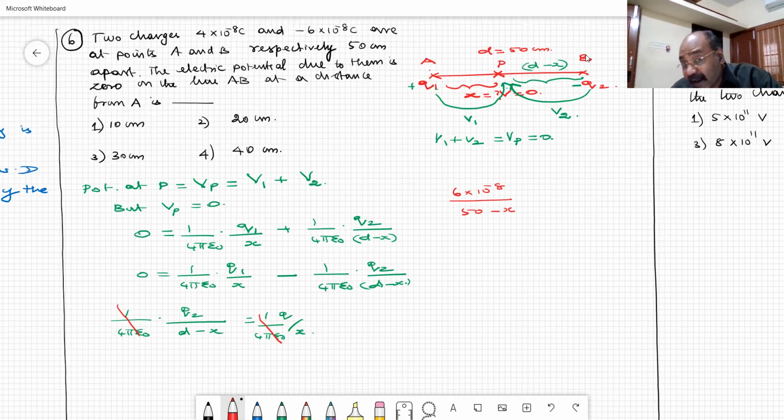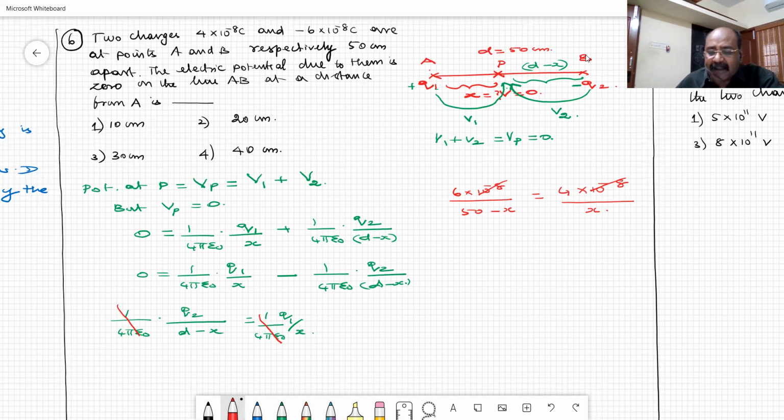I have placed the value of the distance in centimeter itself, is equal to Q1, which is 4 into 10 to the power of minus 8 divided by the distance x. Now you simplify: 10 power minus 8 and 10 power minus 8 will get cancelled.